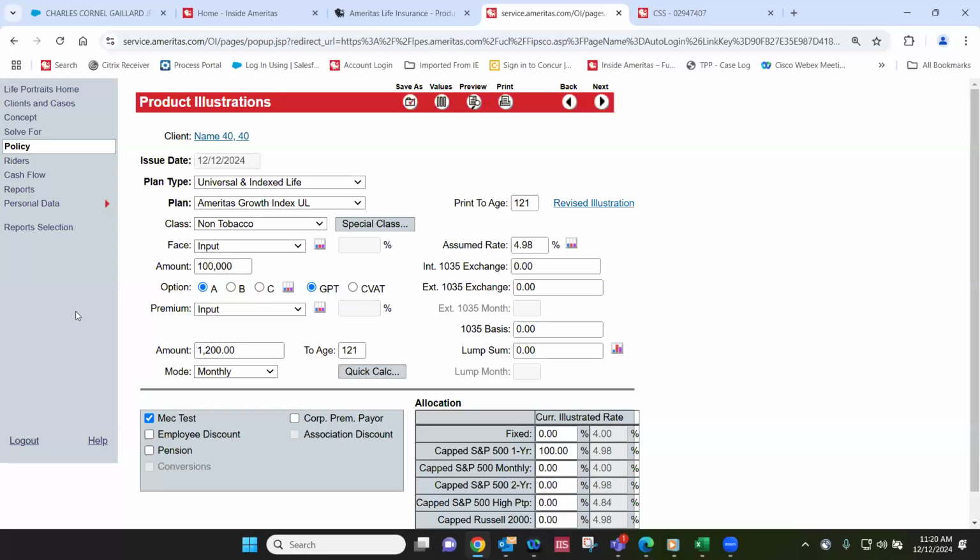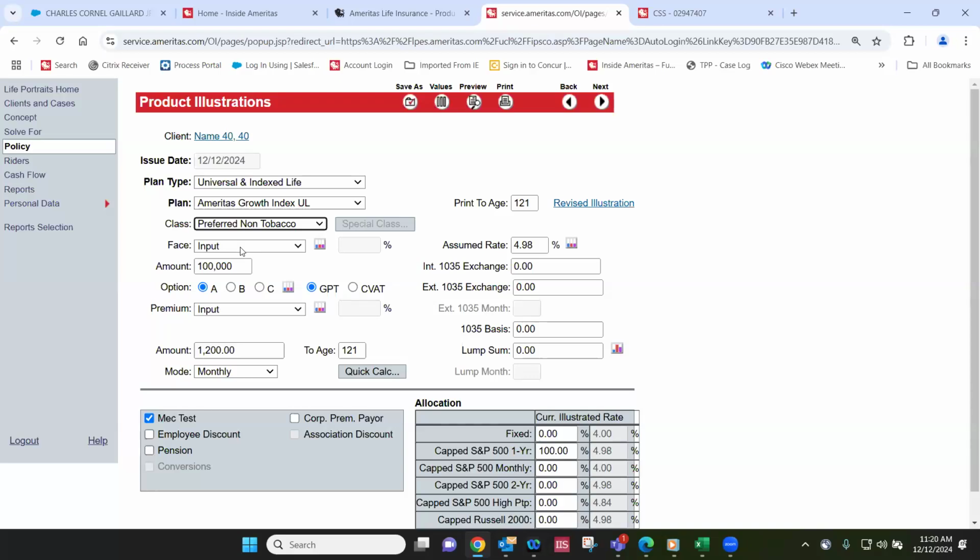So that's an awesome suggestion to pass along to clients if they're looking for something with maybe a little stronger guarantee without going all the way to a whole life contract. But for today's training, we're going to do a max funded IUL. We will pick the growth because, as the name implies, that is focused on cash accumulation. The next drop down would be our rate class. We'll go ahead and make this gentleman a preferred non-tobacco.